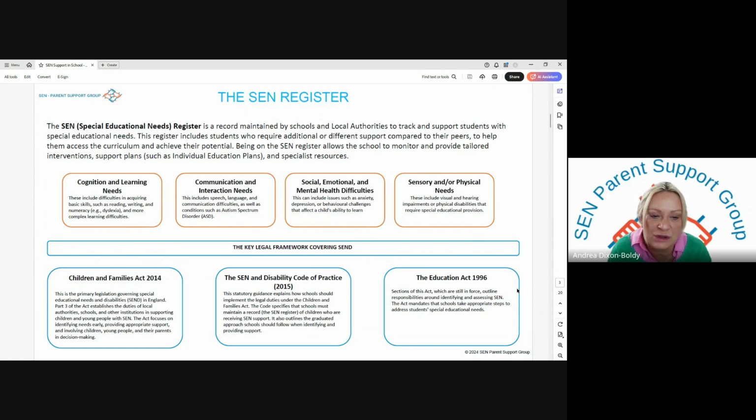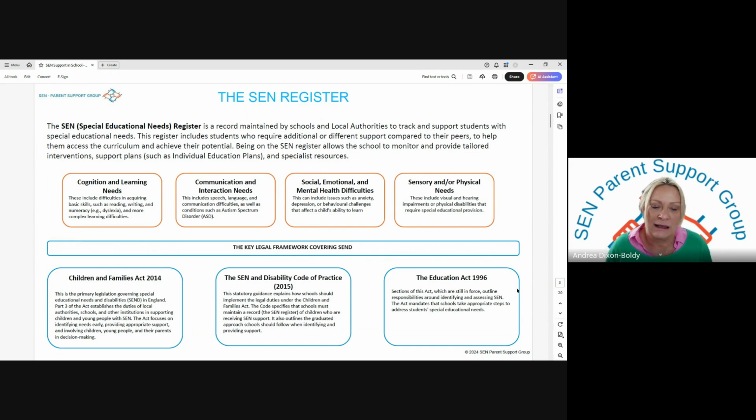Moving on to the SEN and Disability Code of Practice, so the SEN Code of Practice. This guidance explains how schools should implement legal duties under the Children and Families Act. The code specifies that schools must retain a record and maintain the SEN register of children who are receiving support within school.